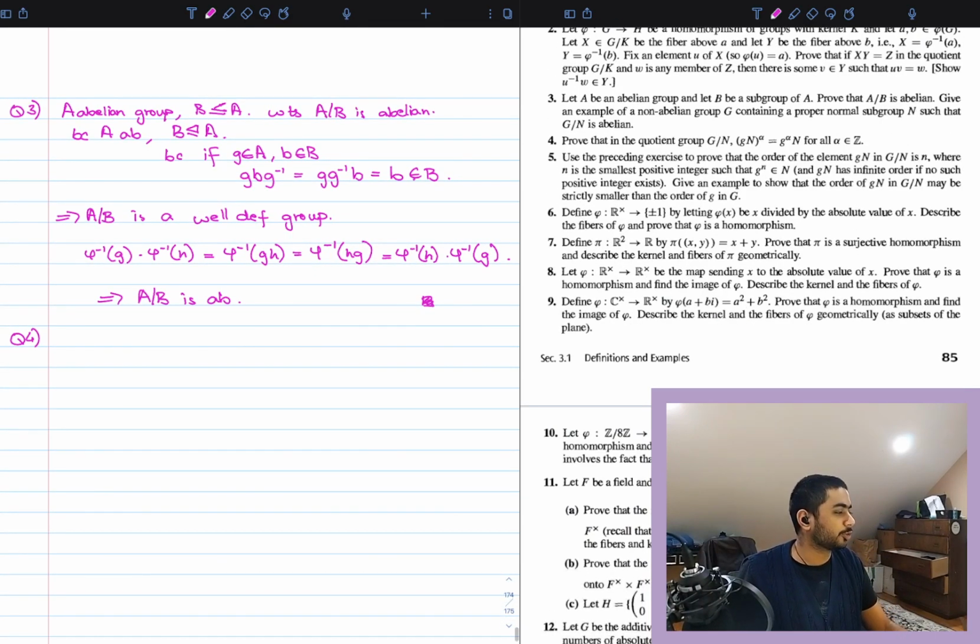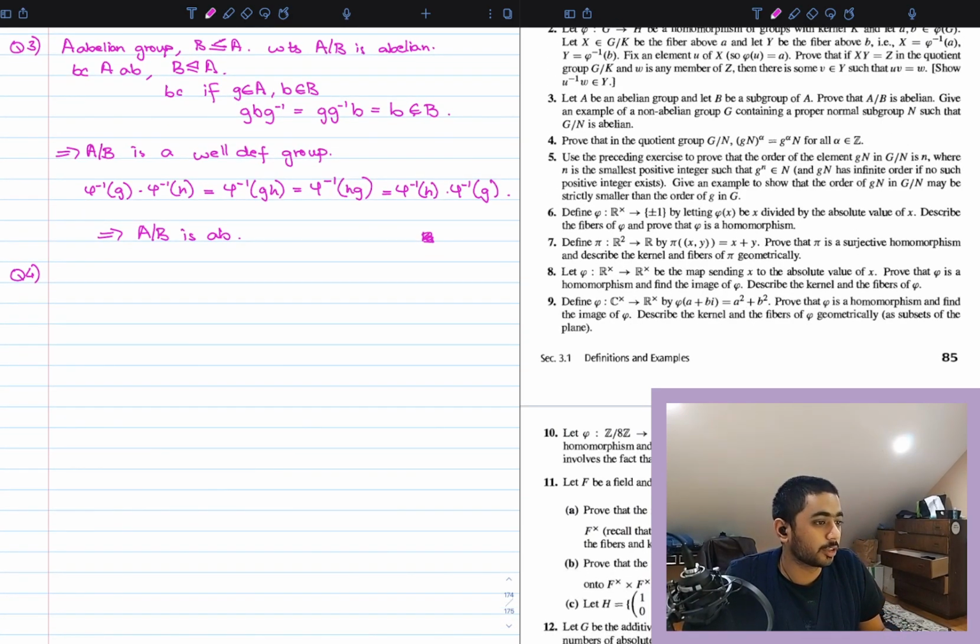Question 4. Prove that in the quotient group G mod N, that coset, okay. This is just using the group rule. So G mod N quotient. We want to show that (gN) to the a equals g^a N for any a in the integers.